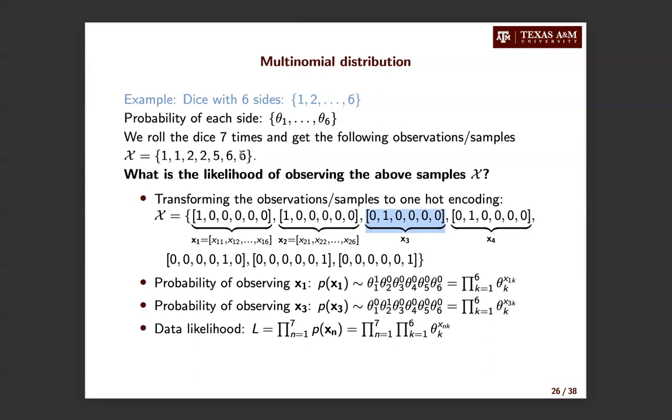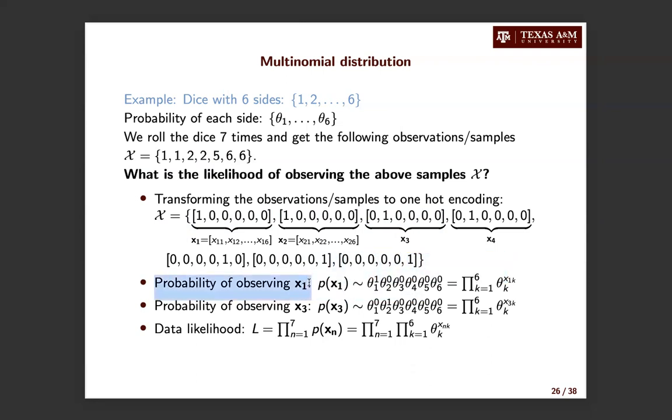Similarly, if we are to encode outcome 6, we would have a vector where all elements are 0, except the one that corresponds to the 6th position of the vector. So this is called one-hot encoding, and the reason why it is mathematically so convenient is that it can be used in these probabilities here.